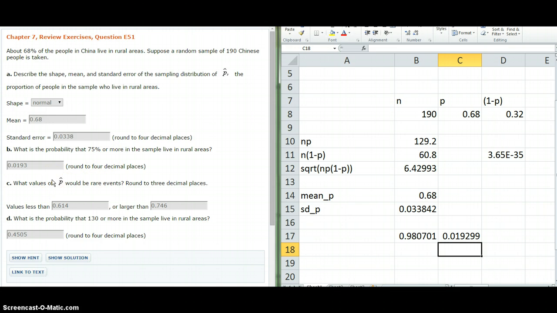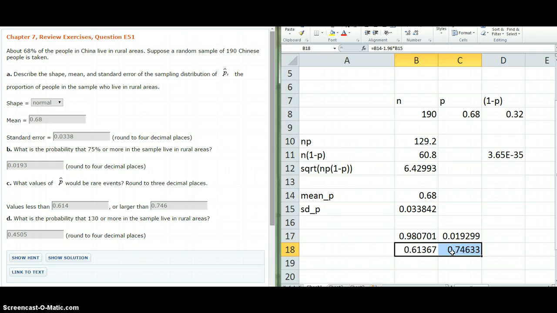What values would be rare events? Well, on the low end, I would look at going a couple standard deviations below the mean. Specifically, we've looked at 1.96. And again, the reason for using 1.96 instead of 2 is just so that we have 95% of the proportions falling within our range here. And I'm also going to go 1.96 standard deviations above the mean to give me this range. How can I interpret this?